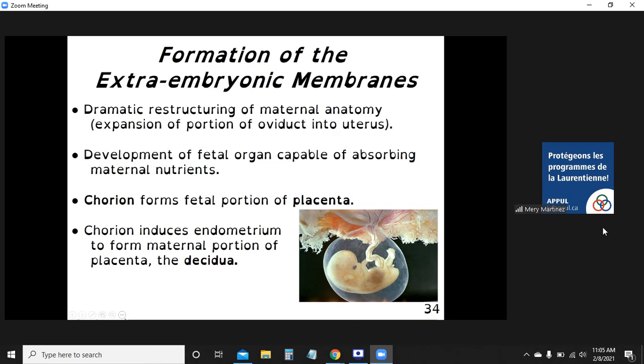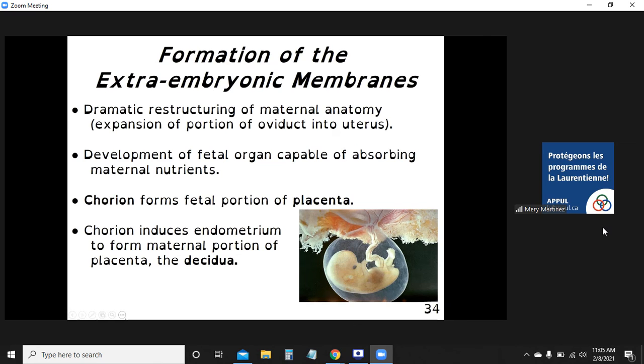Now, how do we form those extraembryonic membranes? So being viviparous requires a dramatic restructuring of maternal anatomy, which means also the expansion of a portion of the oviduct into the uterus. The remodeling requires the development of a fetal organ capable of absorbing the maternal nutrients, so they become really vampires.